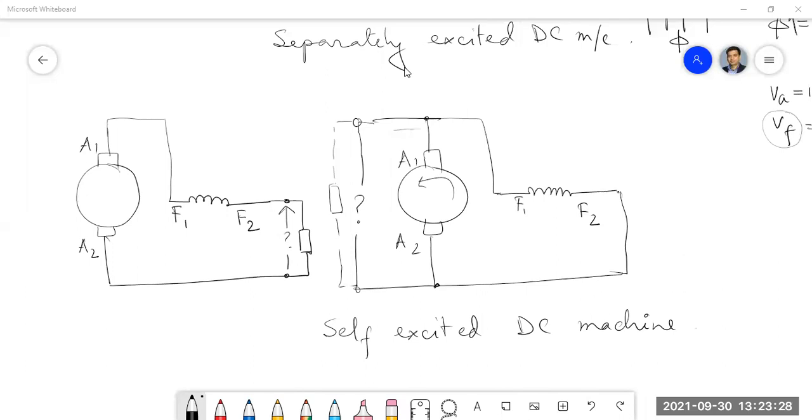So this we can call series and this we can call shunt. Series excited and shunt excited. Okay, so under the self excitation, we can again categorize it as series excited DC machine and shunt excited DC machine.